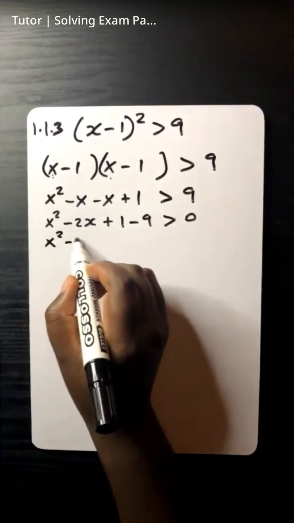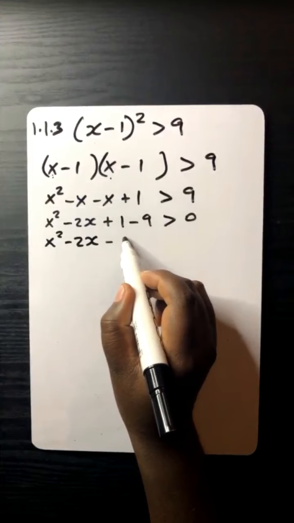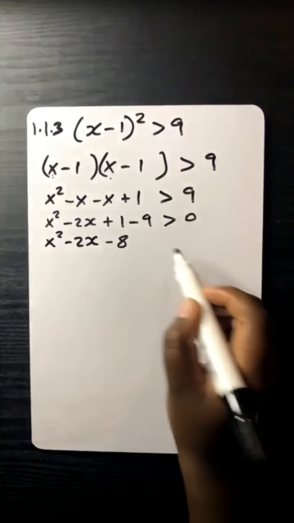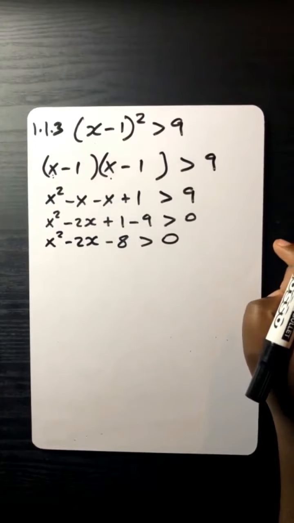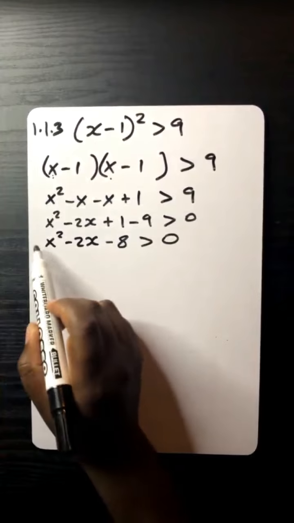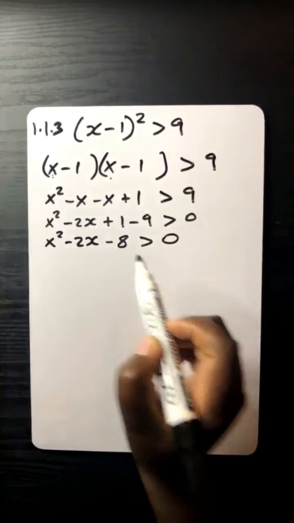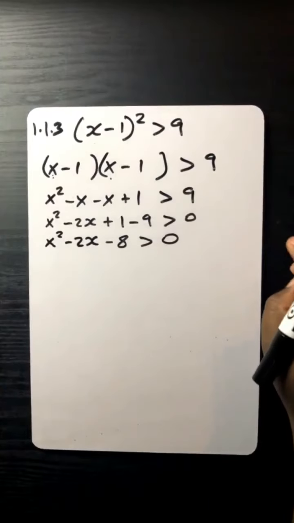So, guys, let's work out the like terms. So, obviously, we know negative 8 is greater than 0. Can you see it's now in the standard form, because we've got a positive a value, and we know the a, b, and c values, and the whole of this is greater than 0?